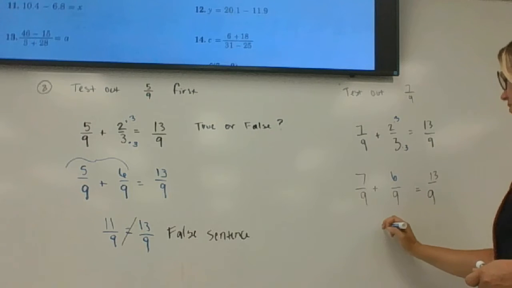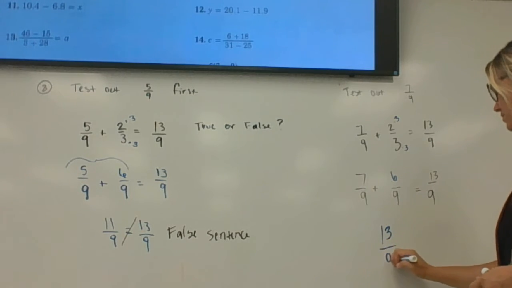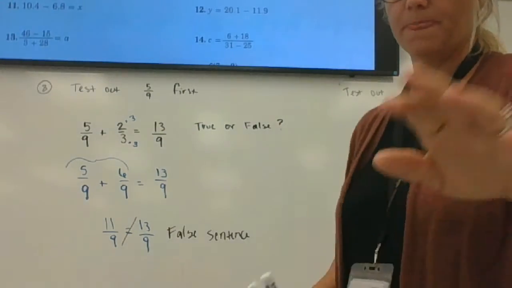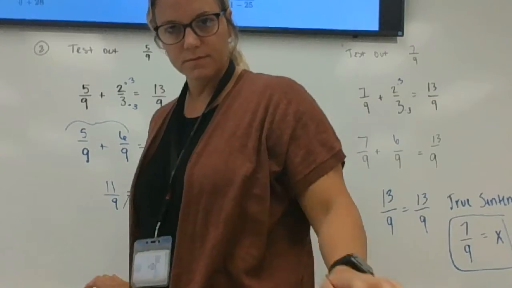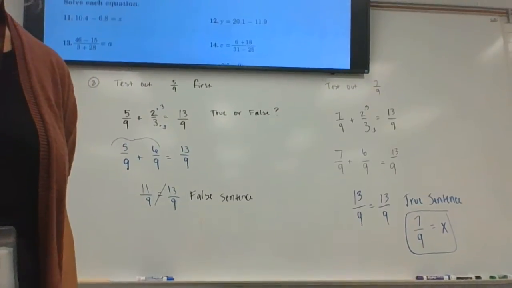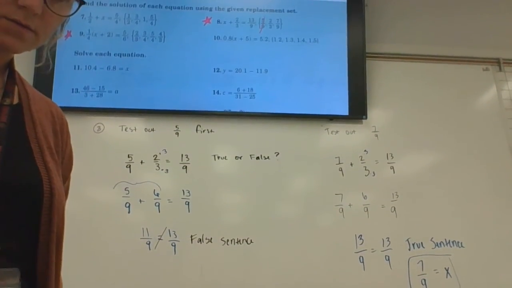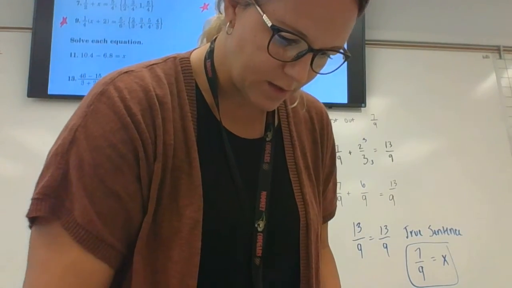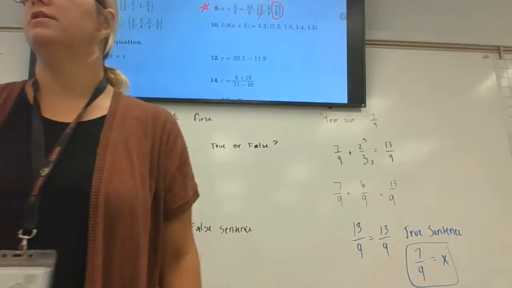Seven plus 6 is 13/9 equals 13/9. True sentence. So 7/9 equals x. So here on the problem, and I know you don't have the problem in front of you, I can circle that. That's the answer.